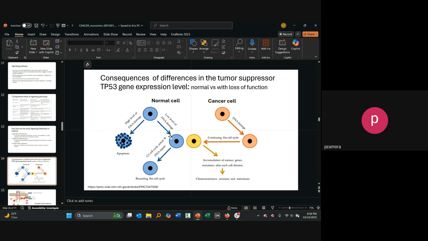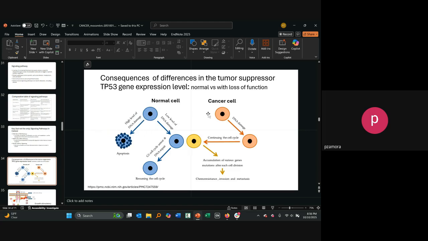But that low level of DNA damage is corrected by normal DNA repair. If you have a high level of DNA damage, the cell is processed and undergoes apoptosis and dies off. This is a part of the normal functioning of TP53. It controls this damage repair process and apoptosis pathway.